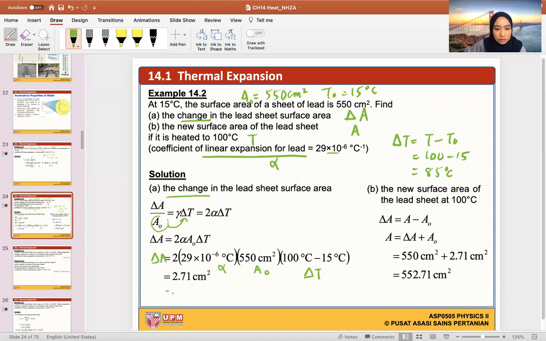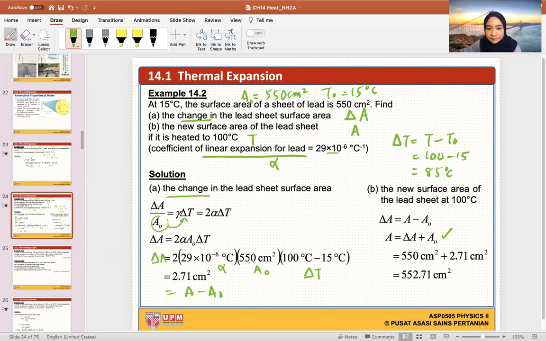Delta A is equal to A minus A naught. You know what your A naught is, so you can find out what your A is over here. Delta A is A minus A naught, so you can find out what A is. Delta A, you solve for delta A, you got 2.71. Your A naught is 550 centimeter squared.